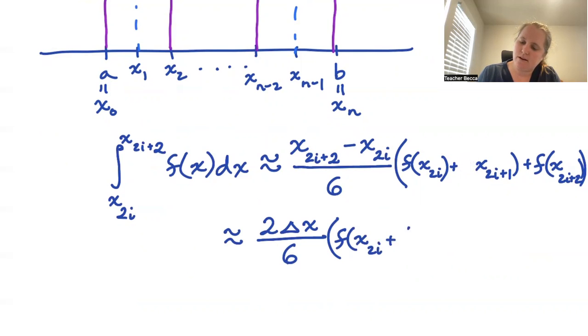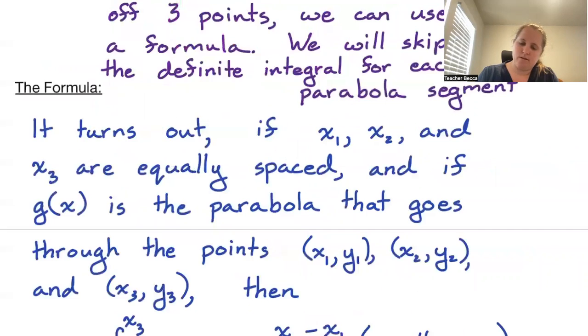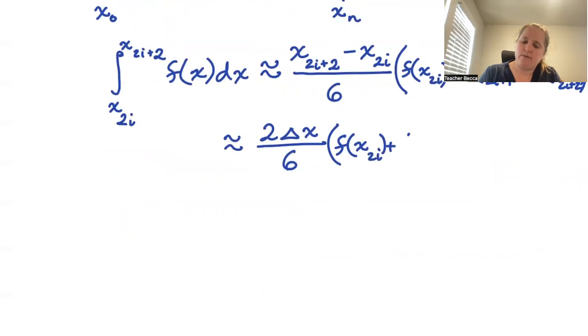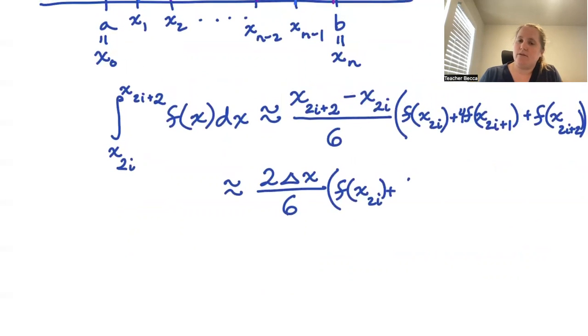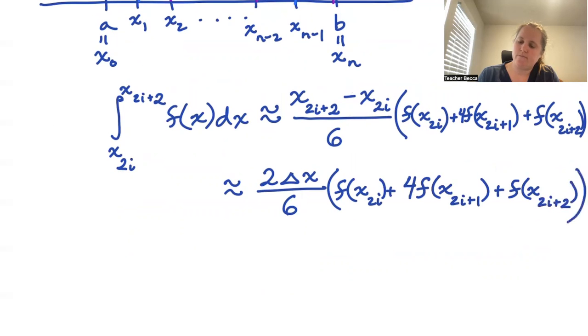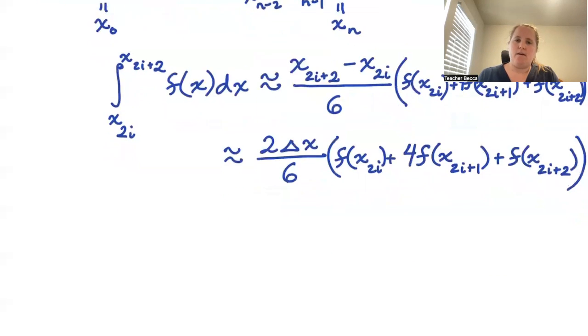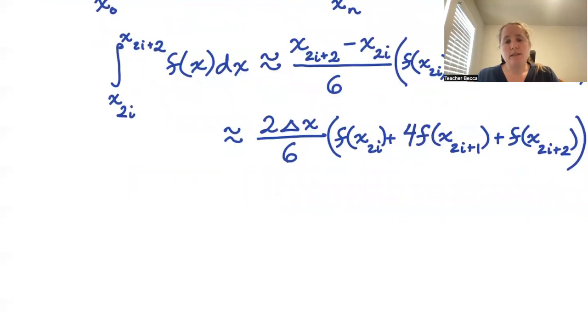That should have been plus 4 times f(x_{2i+1}). So in this line, we have 2 times delta x divided by 6, multiplying f(x_{2i}) plus 4 times f(x_{2i+1}) plus f(x_{2i+2}). Of course, that 2 times delta x over 6 is just delta x over 3.